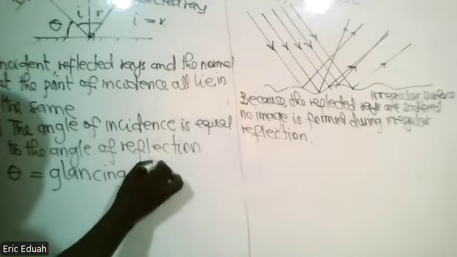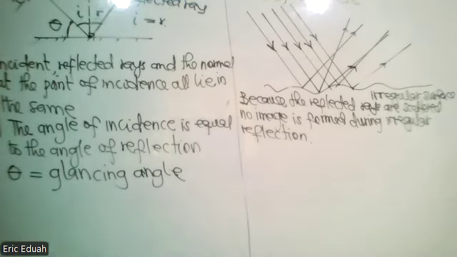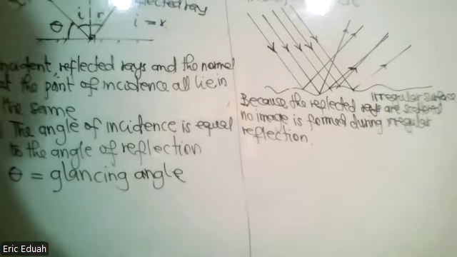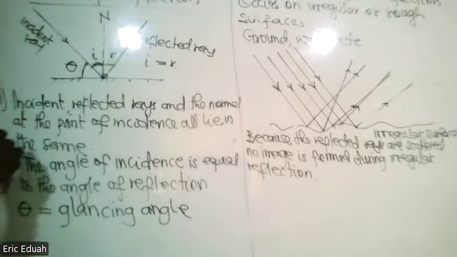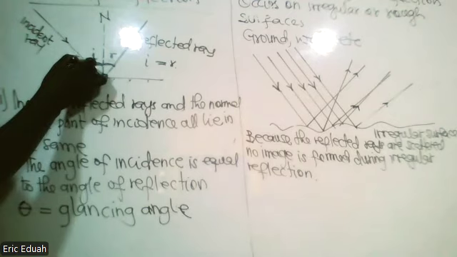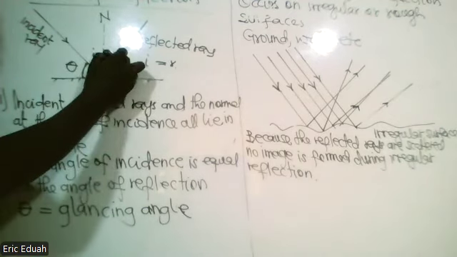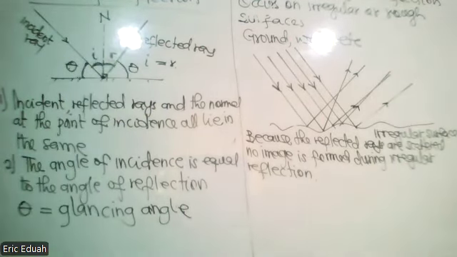The glancing angle is the angle from the surface to the incident ray. If angle of incidence is equal to angle of reflection, then this angle is also equal to this angle. So if this is theta, this will also be theta.